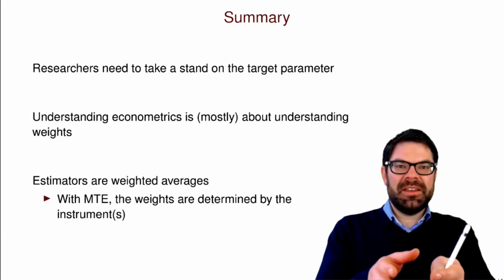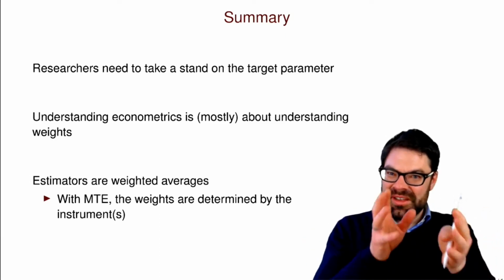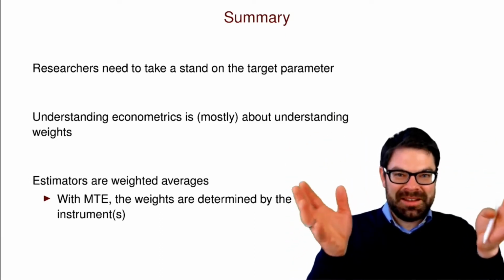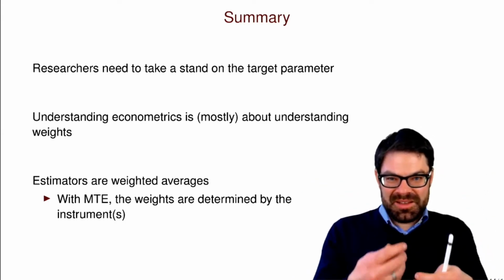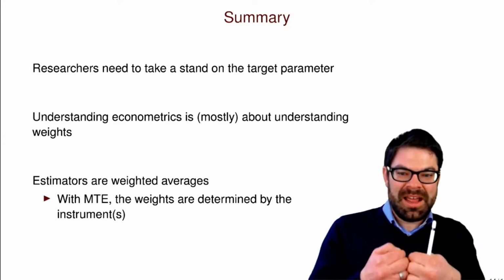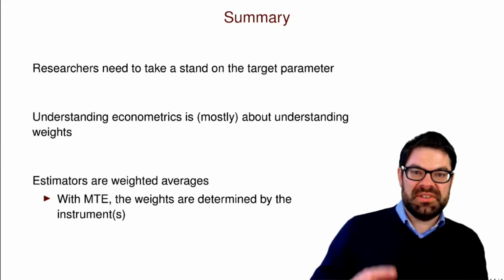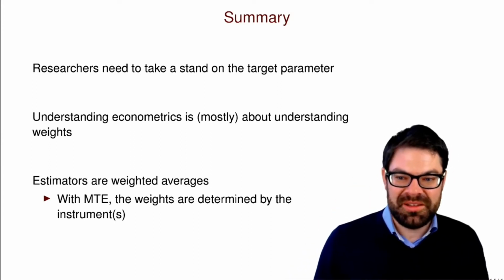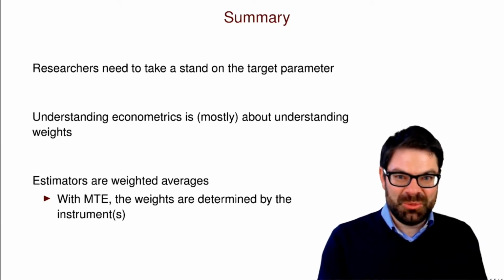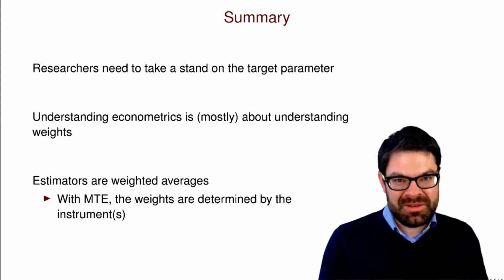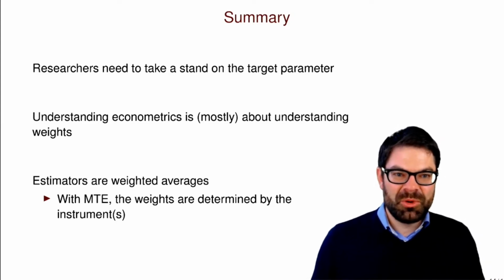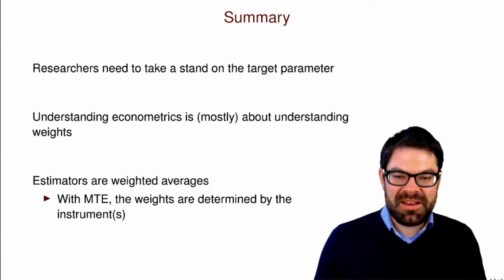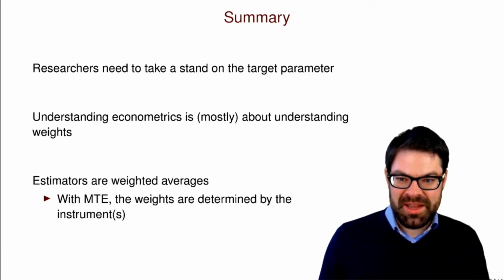So these estimators are weighted averages of the data that you put in. And it is obviously not hard to understand what an average is. What is hard is to understand what those weights actually mean. And if you understand what those weights mean in the procedure that you're using, you're way ahead of lots and lots of people who also perform very good econometric analyses, but who may not know that, right?